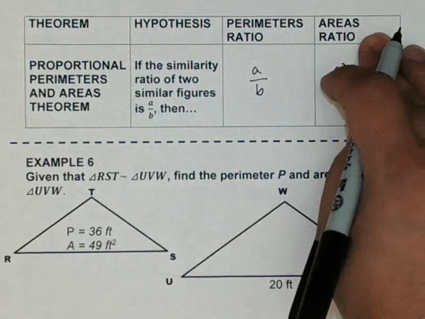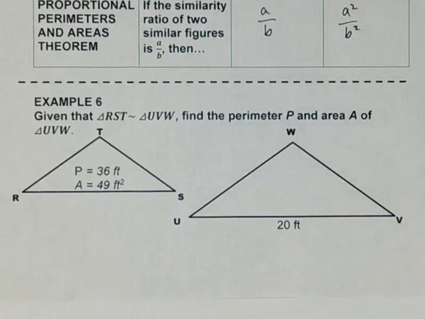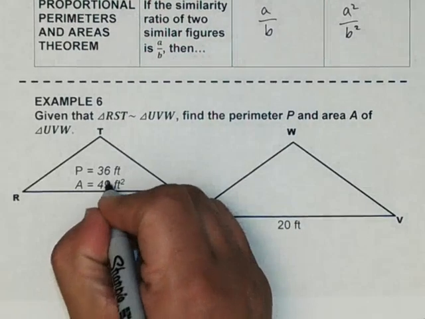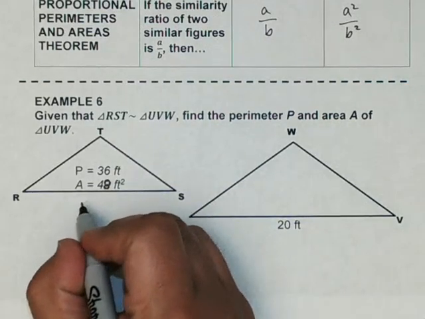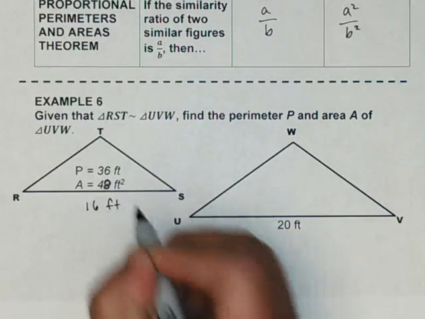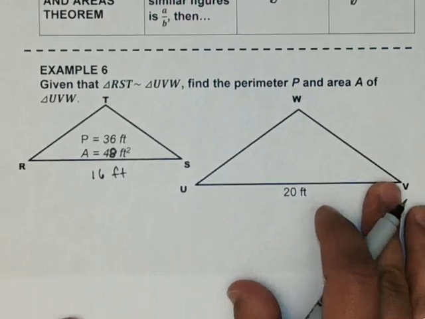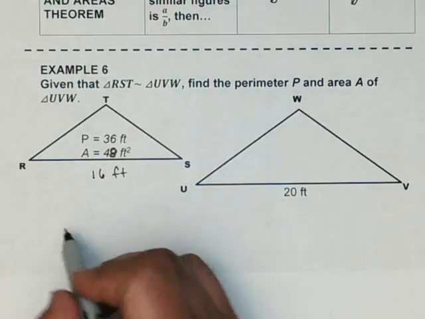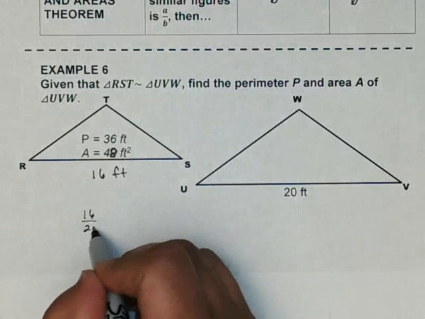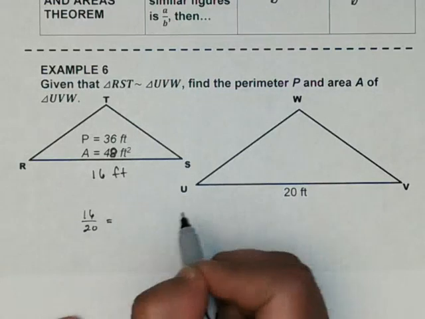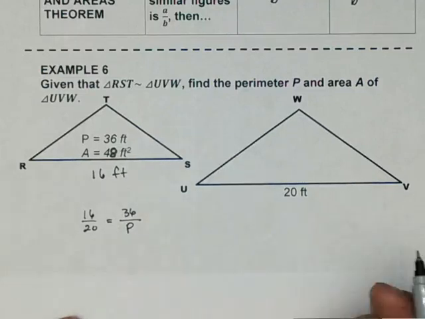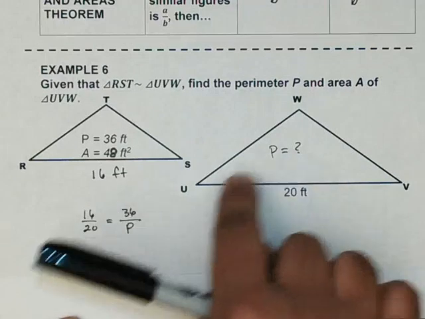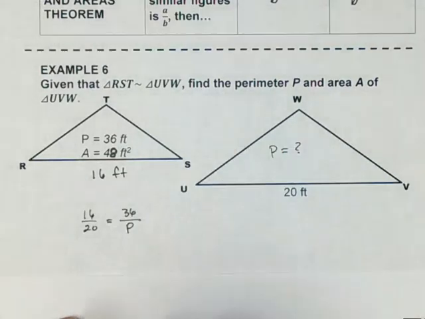So here is an example that we're going to look at. And this should actually read 48 feet squared. And the distance from R to S should actually be 16 feet. So the ratio of the perimeter, P, is going to be 16 over 20, and then we're going to set that over 36 over P. And P would be the perimeter. So I need to figure out what the perimeter is of this figure, triangle UVW.